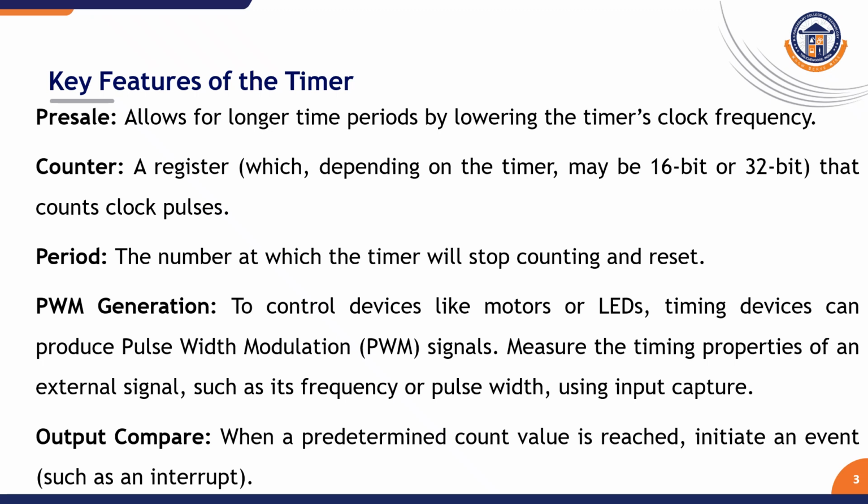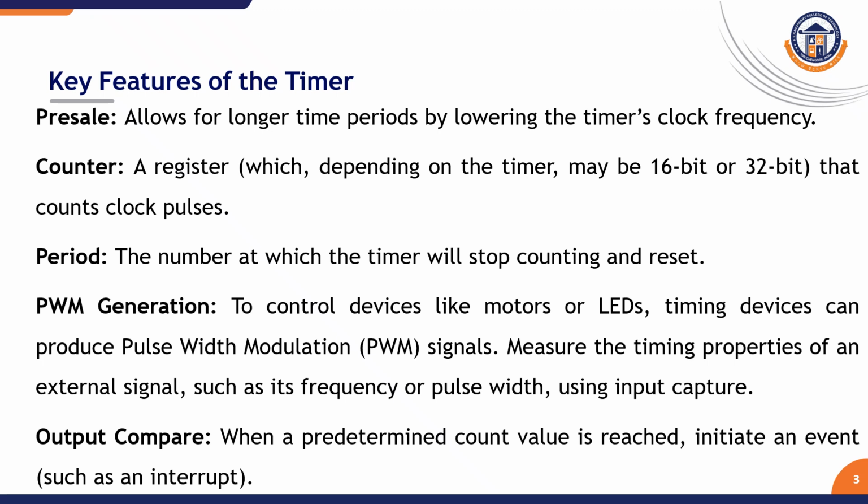As we decide the number of counts, we need to fix it in that register. It will decrease step by step, and at one time it goes to 0. So we have some registers to monitor the period. At that time, the count stops and then resets the timer.